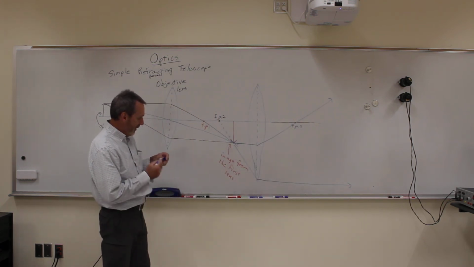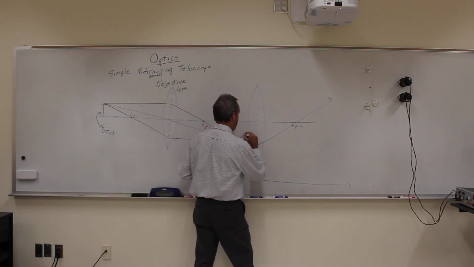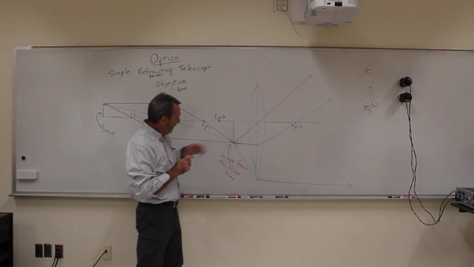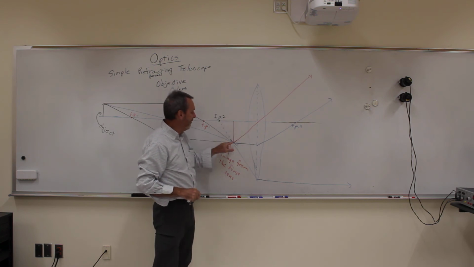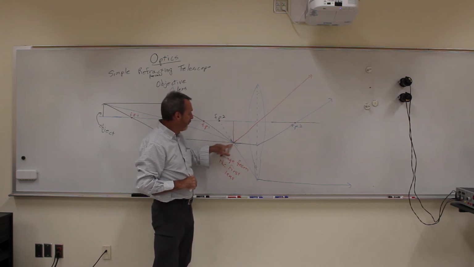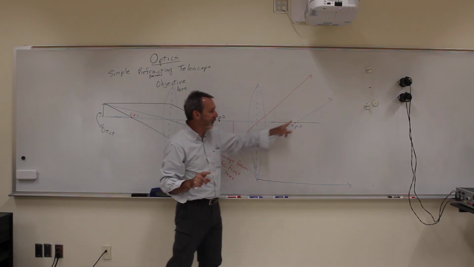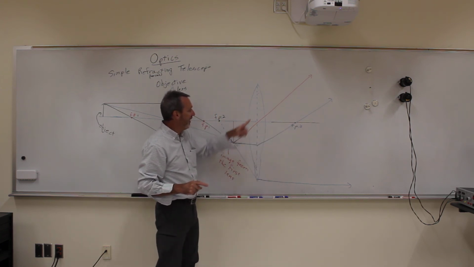Okay. Then I got one that goes right through the center of the lens and just keeps going in a straight line. So essentially I've done what I did before. Now it's flipped upside down, but here's my object for this lens. And I've just drawn 3 rays from the head of that arrow, the same rays that we've done every single time: parallel through the focal point, from the focal point on this side out parallel, and then one through the center.